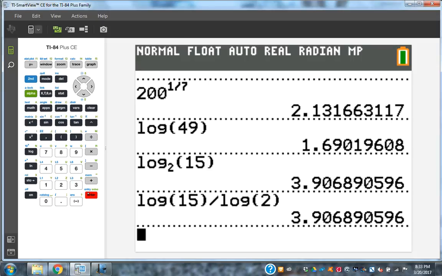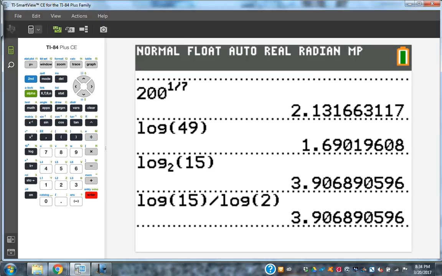I can't remember exactly what year it was that they put that log base function into the new operating system on the graphing calculators. It's not been too distant past that they did that. So I've been used to doing it that way for a long time. Either way works. Whatever your base is goes on the bottom as the log, and whatever you're taking the log of is the top every time.